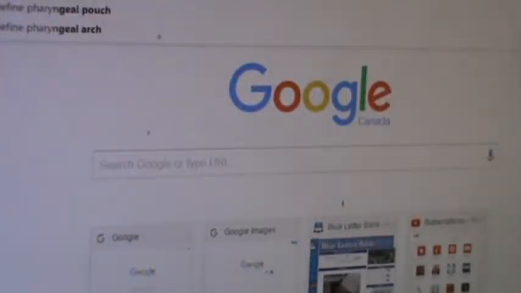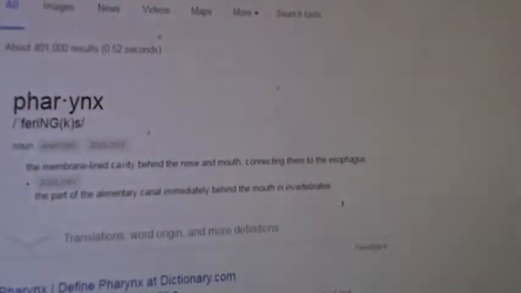Let it sink in. The larynx, pharynx. And so now I have to review, so. Yeah. This is the cavity between the nose and the mouth, connecting them to the esophagus, not to the glands.